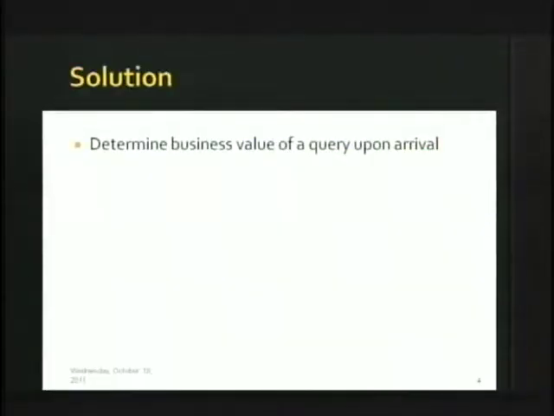So the solution that we came up with in the Greenplum parallel database is fairly straightforward, which is, upon arrival, we determine what is the business value of the query. And that typically involves more than looking at just the SQL text. It involves a whole bunch of contextual information.